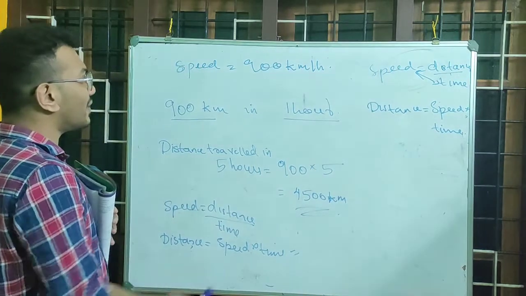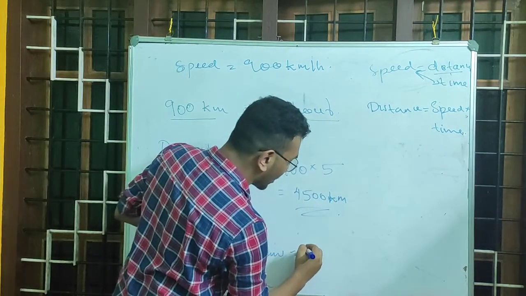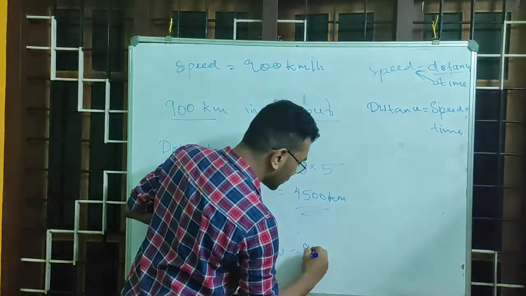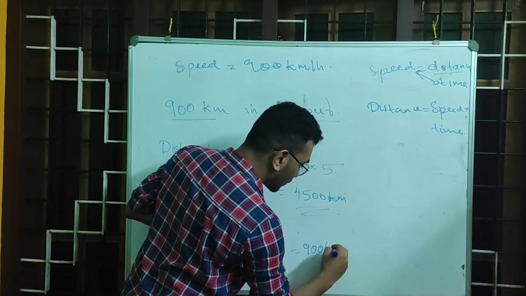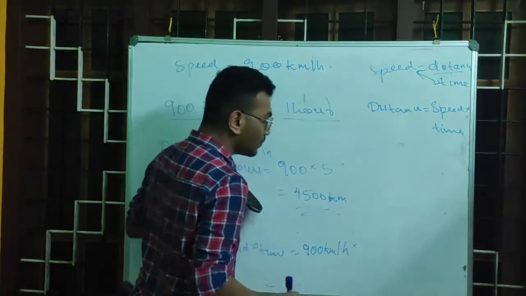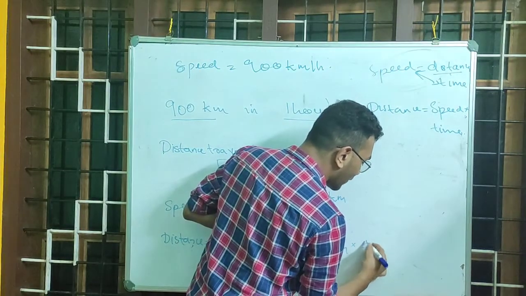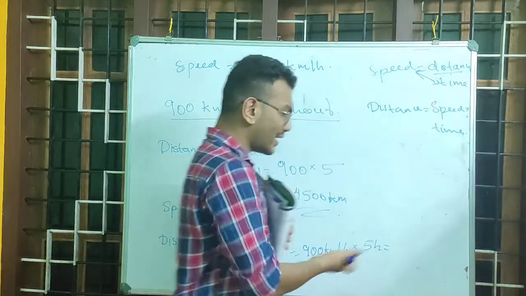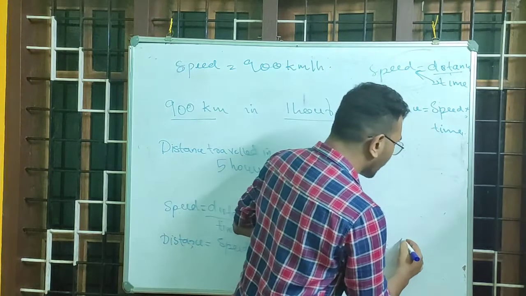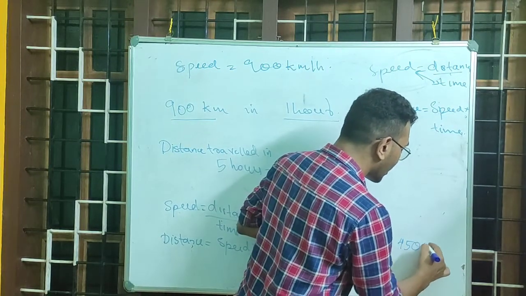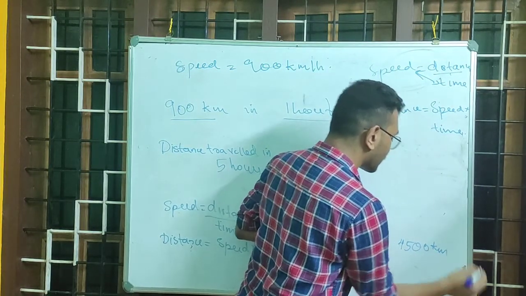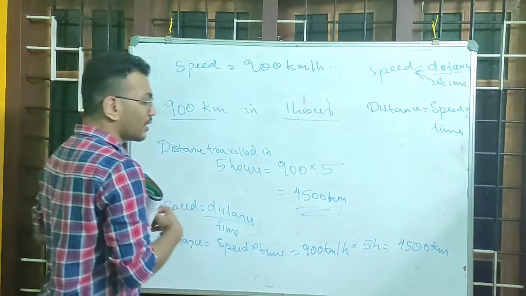What is the speed given here? It is 900 km per hour. Into, what is the time given here? It is 5 hours. So same, 900 into 5. It is 4,500 kilometers. Okay.